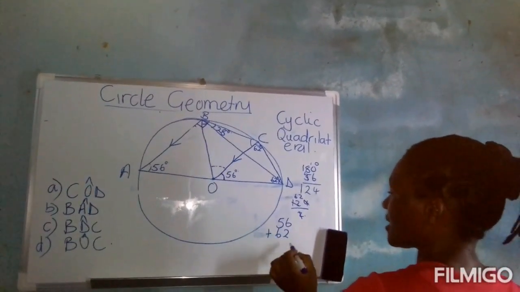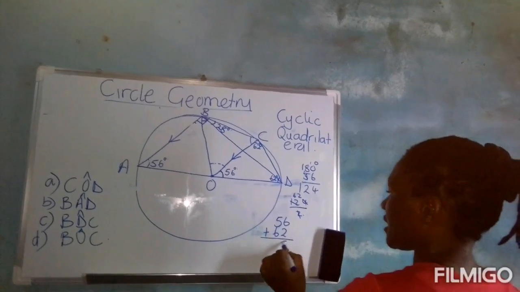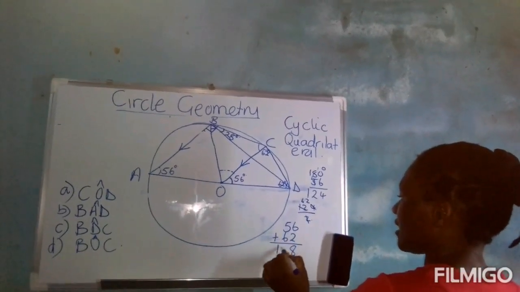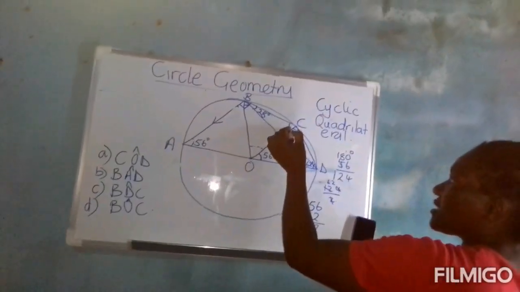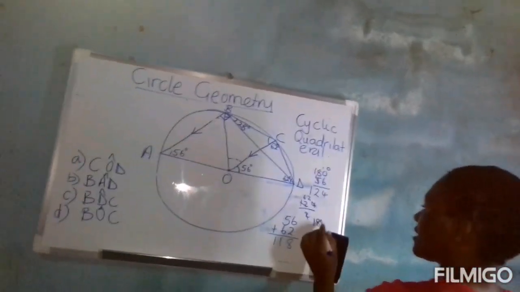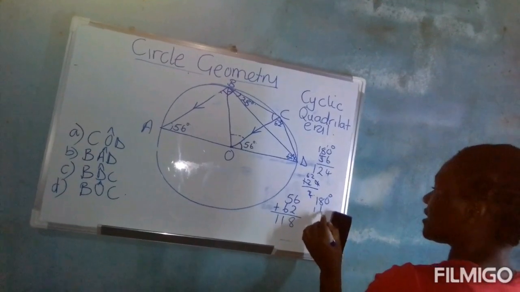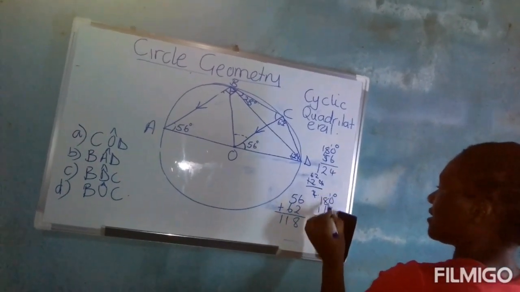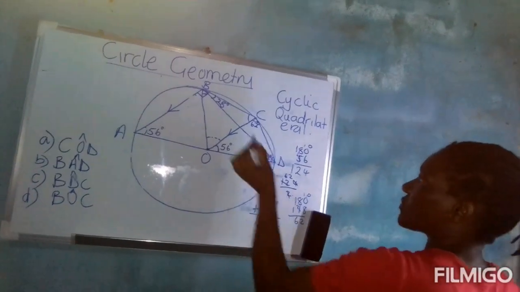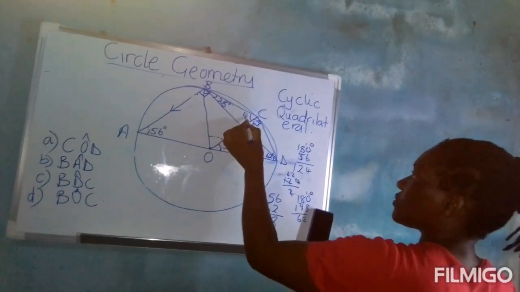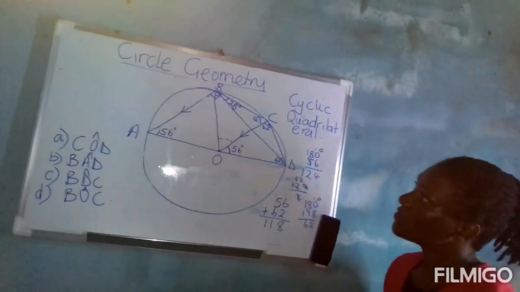So 56 plus 62 plus 62 is 180 minus... we get 118. To get this, we are saying 180 minus 118, then this becomes 62. So this angle is 62 degrees.